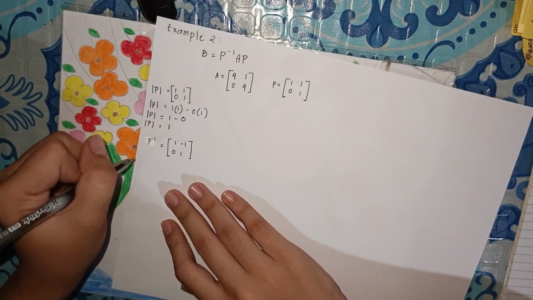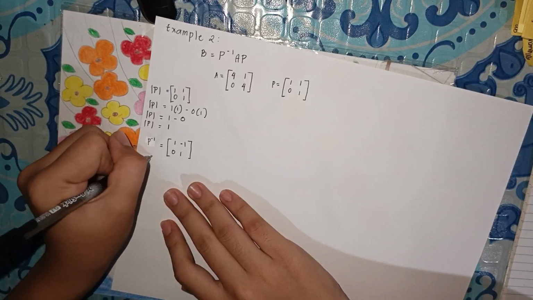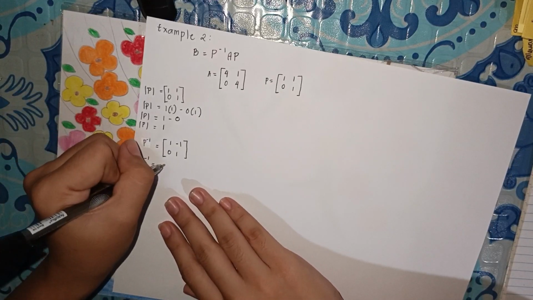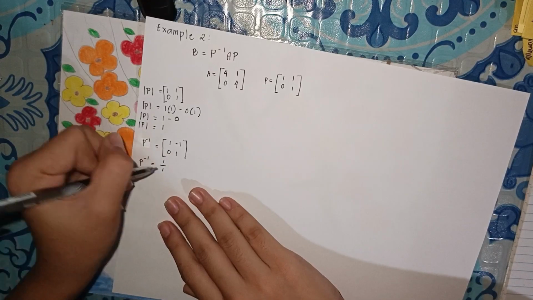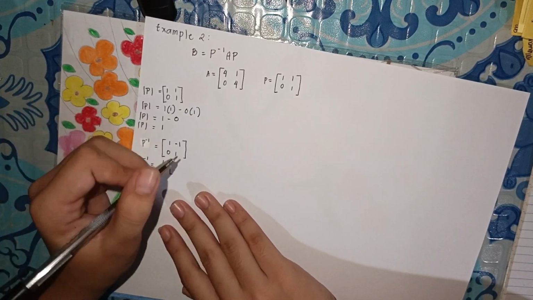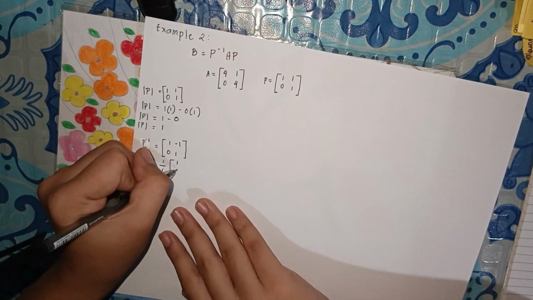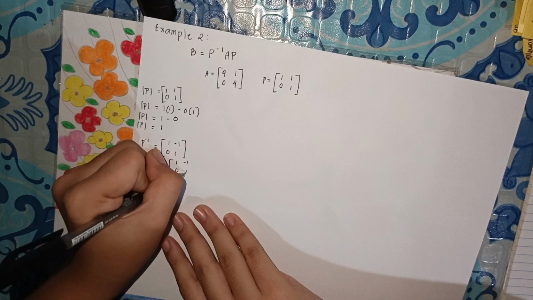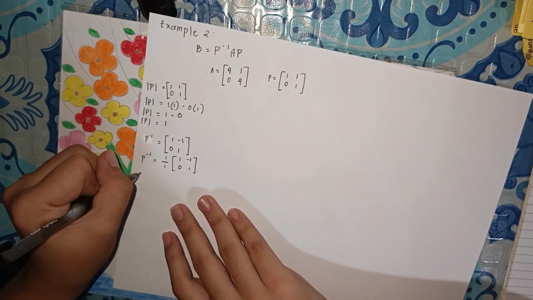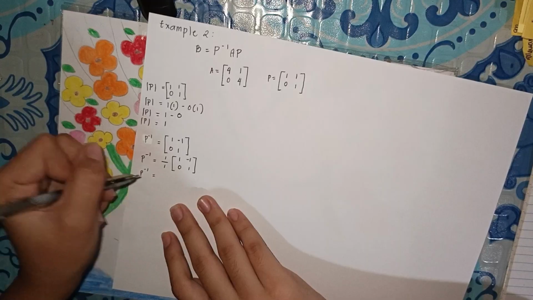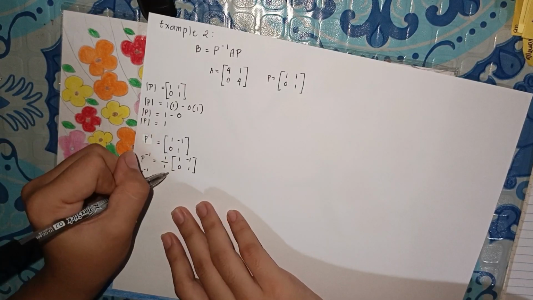After that, we multiply 1 over that by the matrix 1, 0, negative 1, 1. So, 1 divided by 1 is 1.